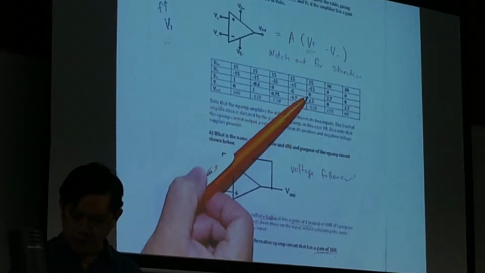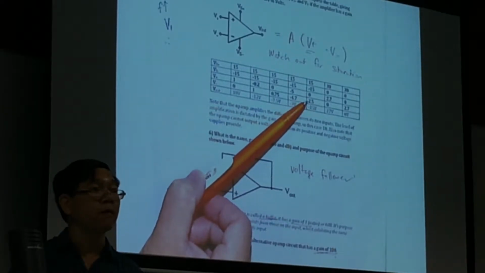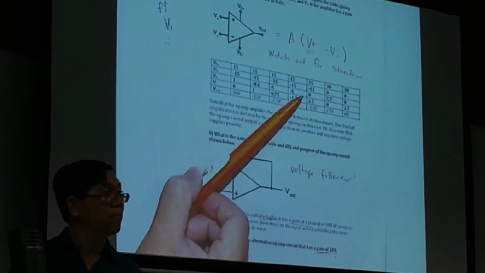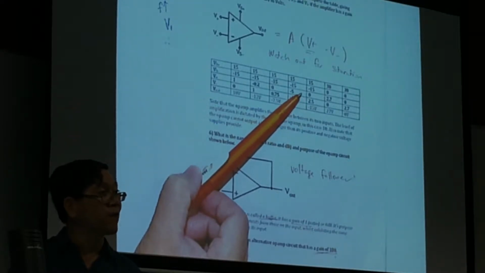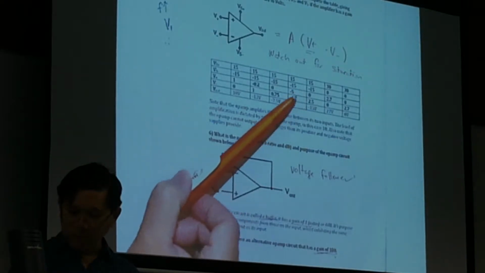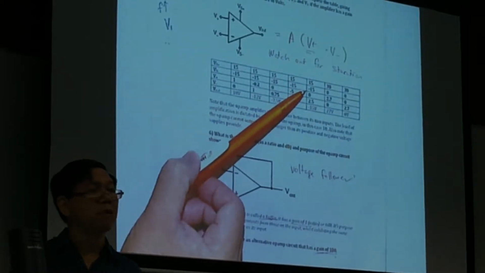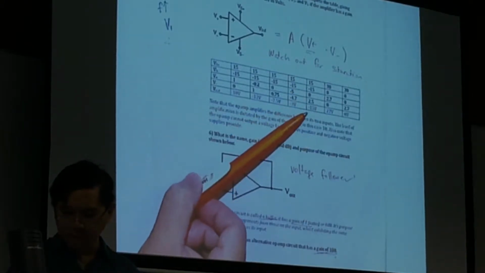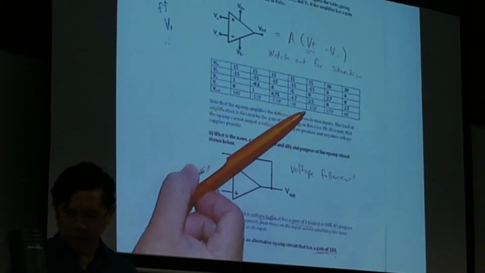One value is 0, the other is 2.5. So 0 minus 2.5 will give you minus 2.5, right? Minus 2.5 times 10 will give you minus 25, right? But what is my supply voltage? Minus 15. So output should stop at minus 15. Is that clear?